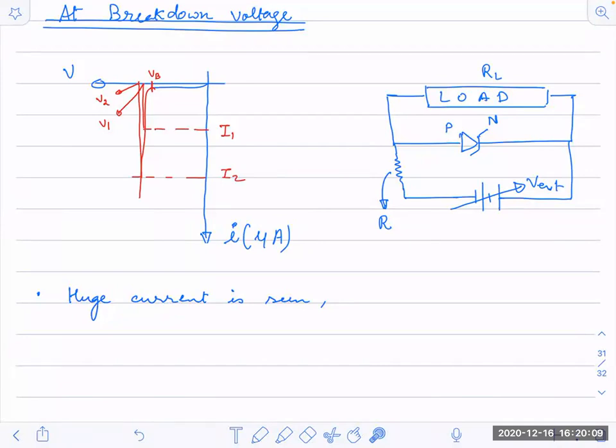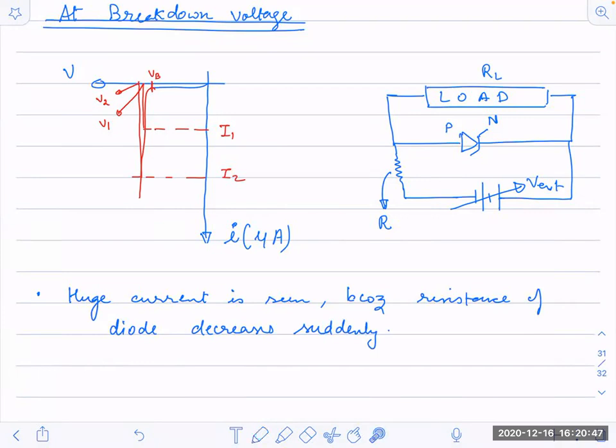Huge current is seen because the resistance of the diode decreases suddenly, and then a sudden shoot in the current is seen here.